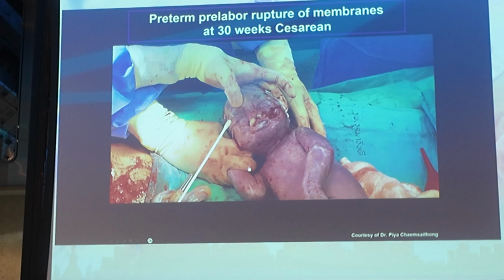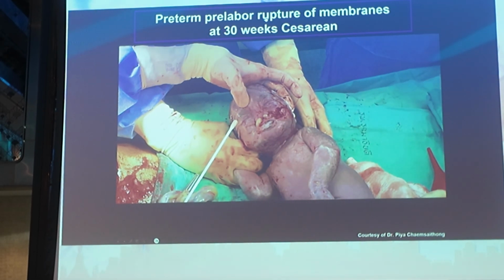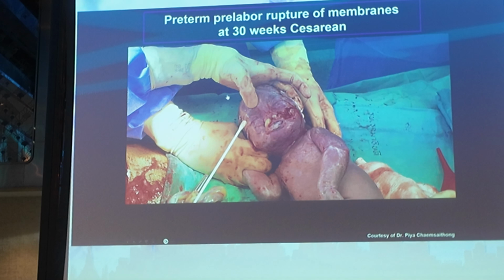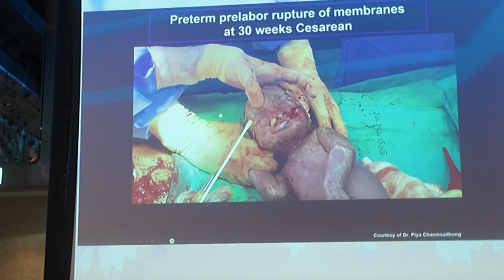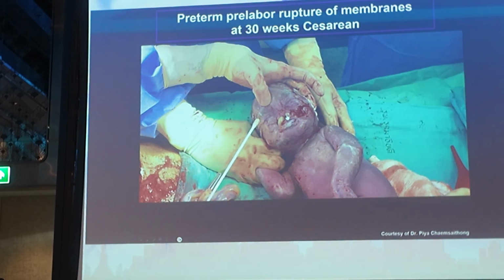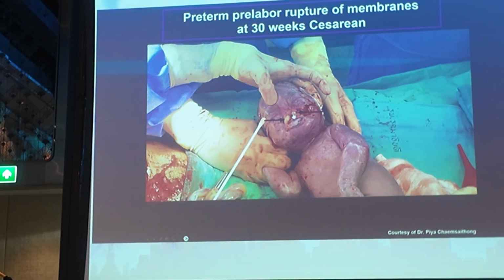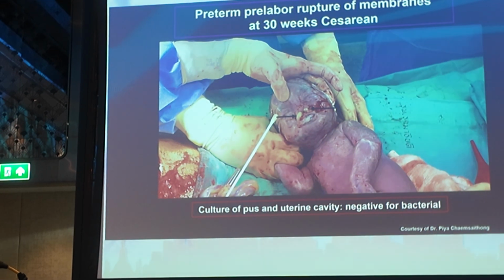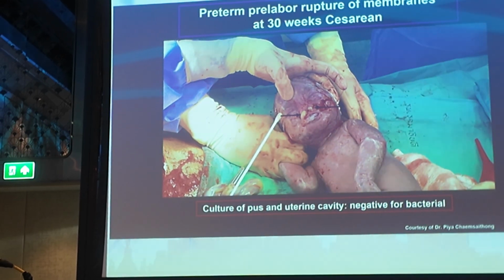This is a case from Pia, a baby with preterm PROM at 30 weeks of gestation. There was no amniotic fluid to do an amniocentesis, but the baby was born with pus in the nose and in the mouth. The cultures of the amniotic cavity and of the pus of the baby were negative for bacteria.